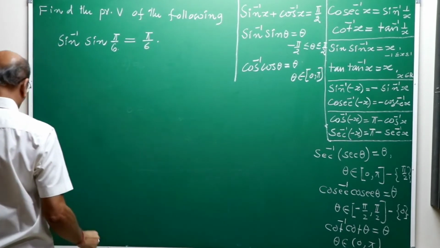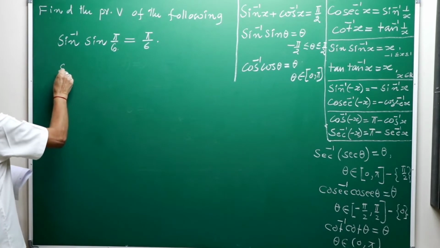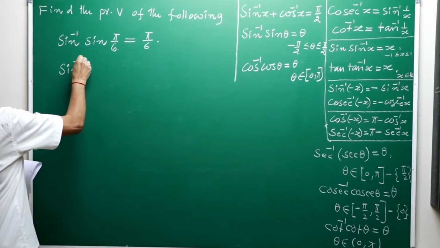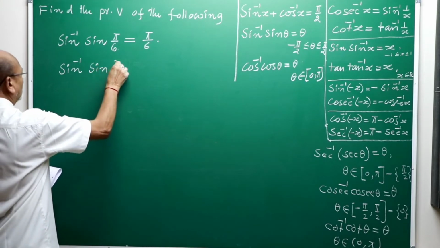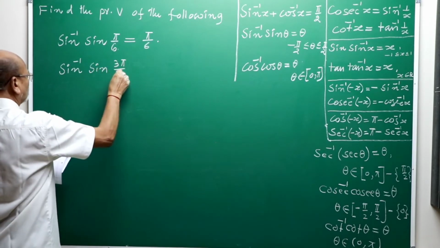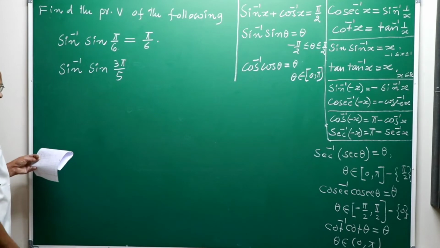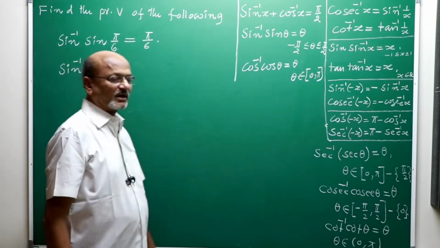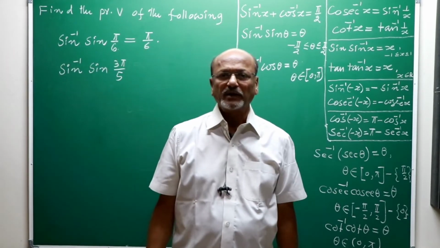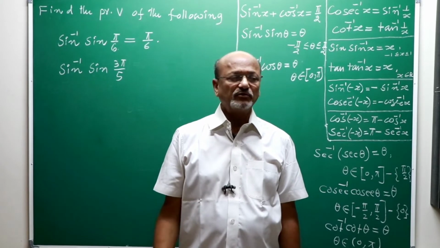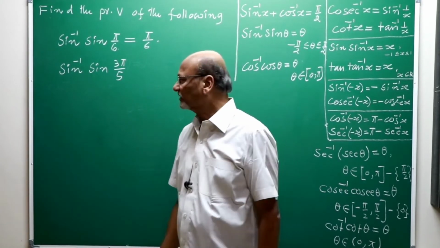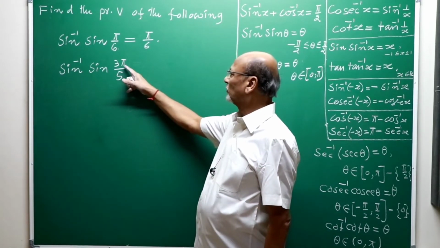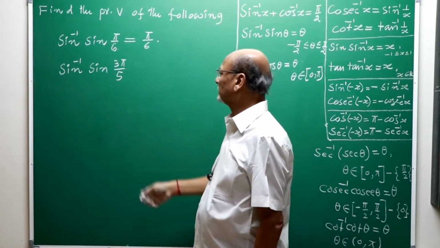Second example. Sine inverse of sine 3 pi by 5. First you have to think whether 3 pi by 5 lies between minus 90 and plus 90, minus pi by 2 to plus pi by 2. See, is it? You put the value of pi, 180, cancels.